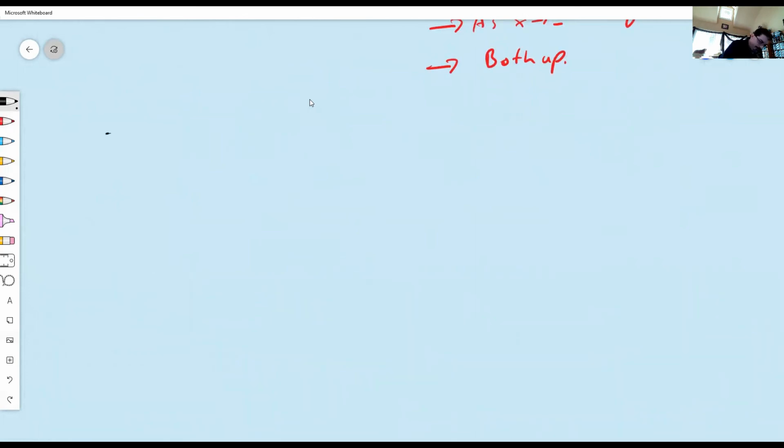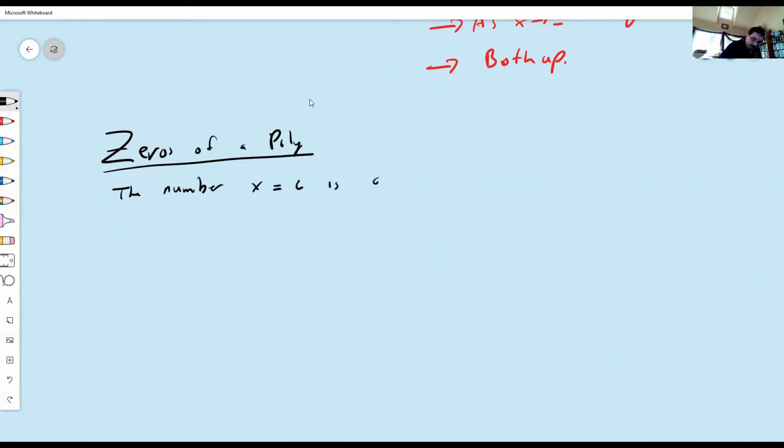Now we're going to do zeros of a polynomial, which would say something like: your number x equals c is a zero of the polynomial f of x if f of c equals 0.